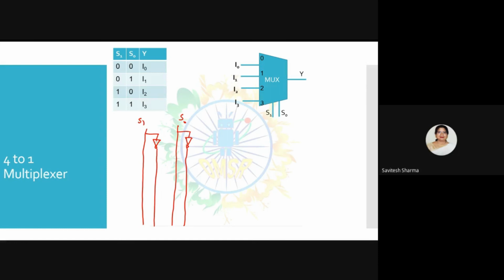Okay, and draw the horizontal lines for connection. So you require 2 lines for one gate, 2 lines for the second gate, 2 lines for the third gate.